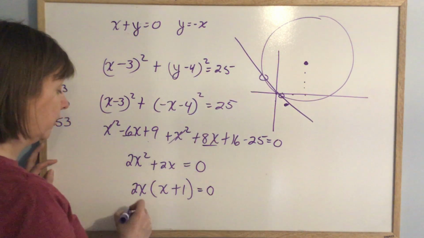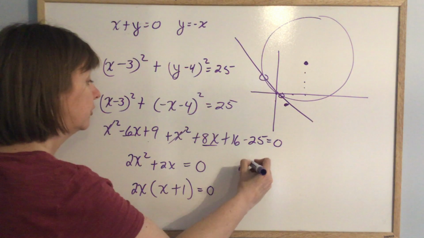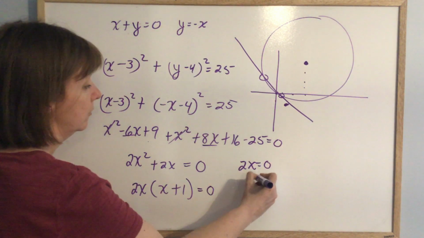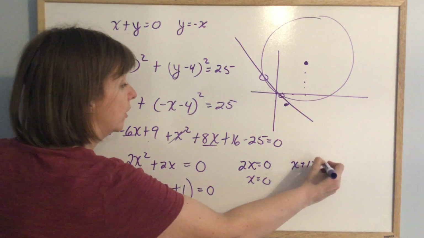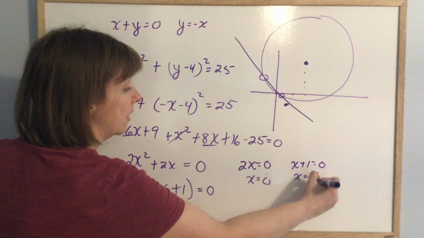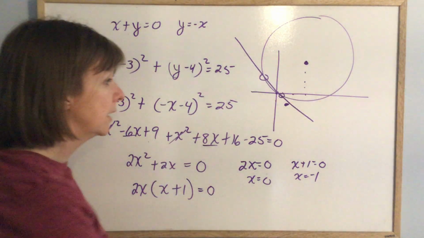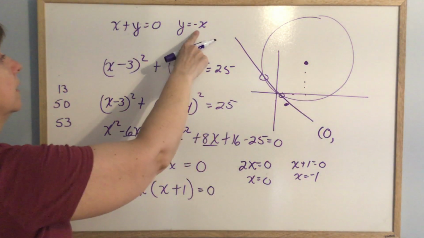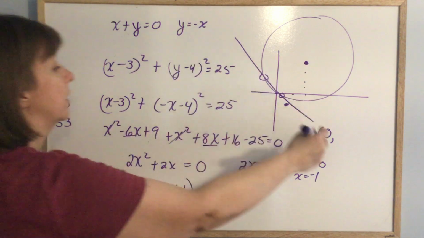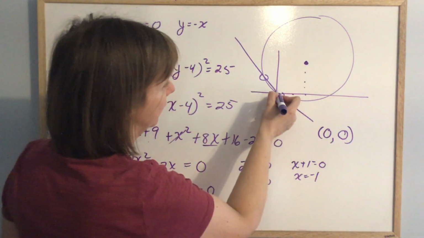It's equal to 0. So either 2x equals 0, which means x is 0, or x plus 1 equals 0, which means x is negative 1. So if x is 0, then y is also 0. So that kind of makes sense.